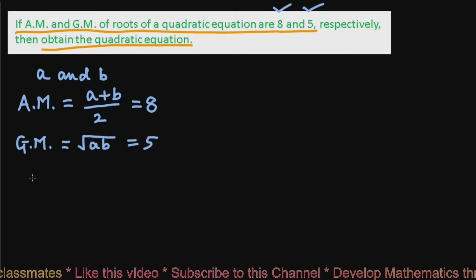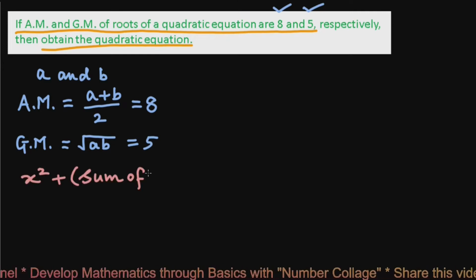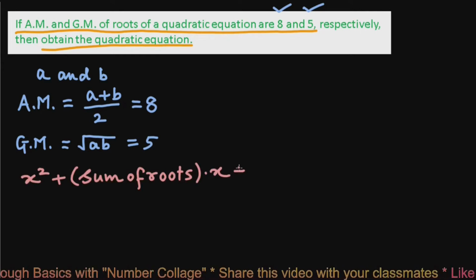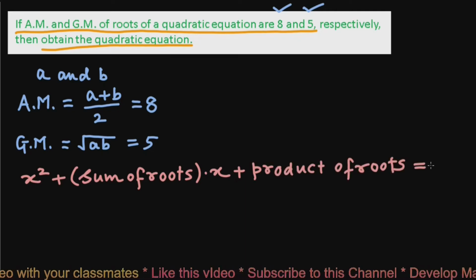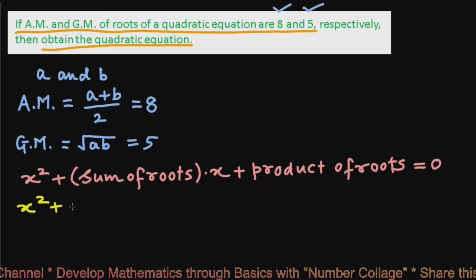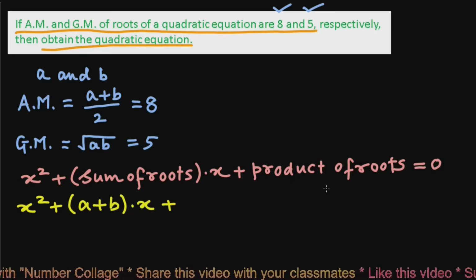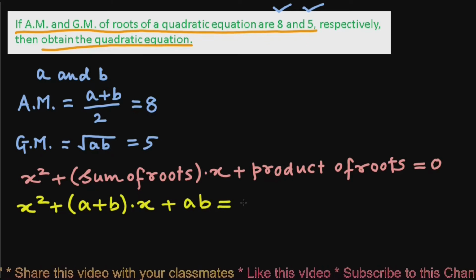Now a quadratic equation in x will be x square plus sum of roots into x plus product of roots equals 0. So that will be x square plus sum of roots, that is a plus b, times x plus product of roots, which is ab, equals 0.